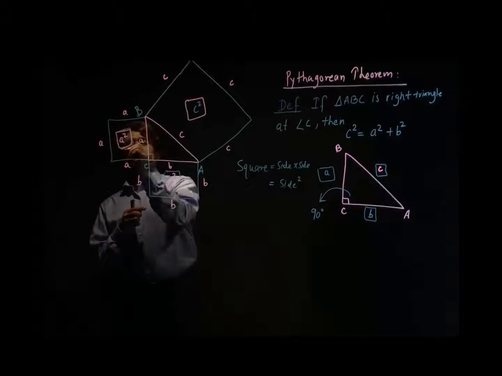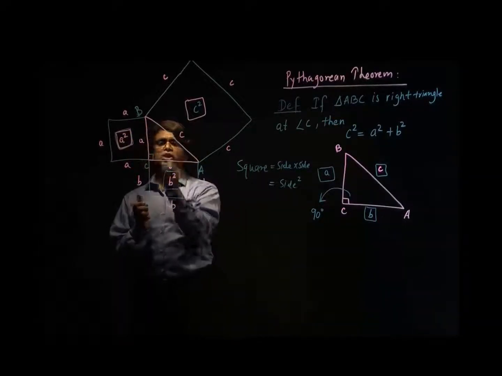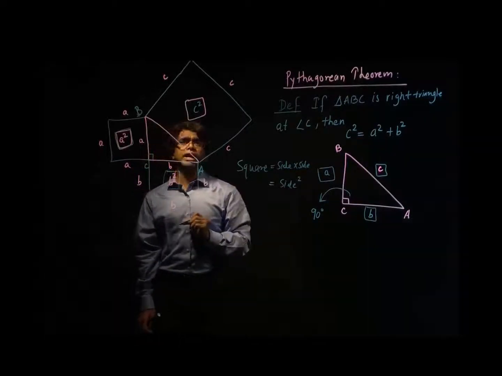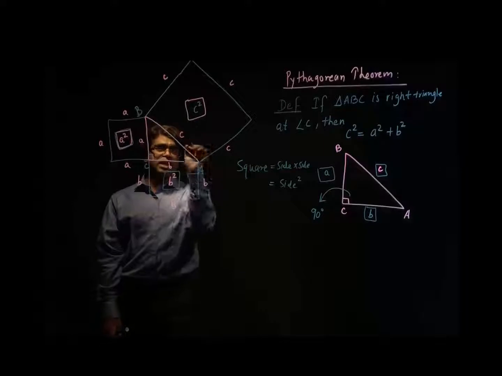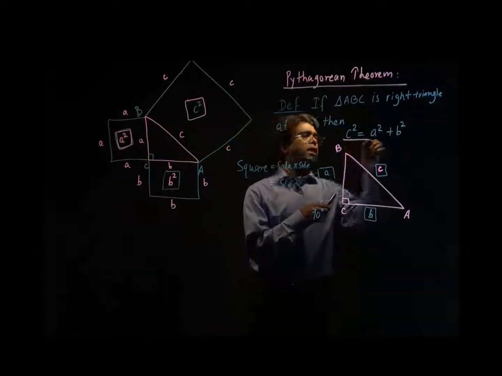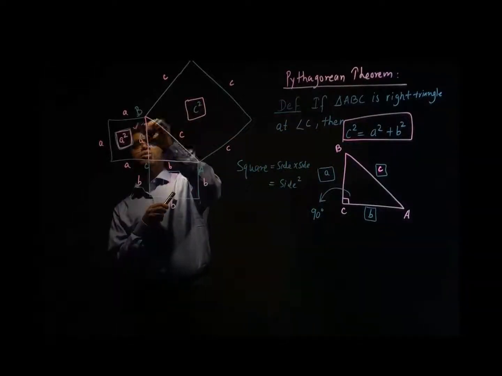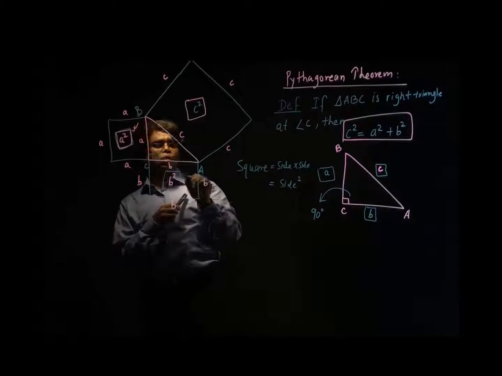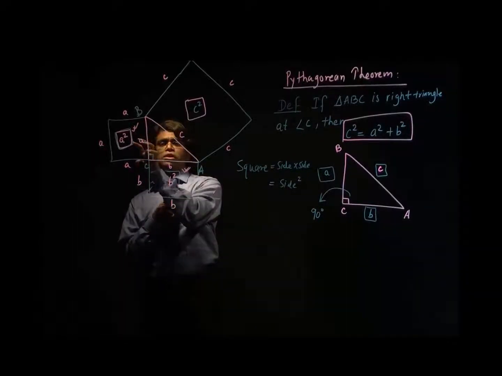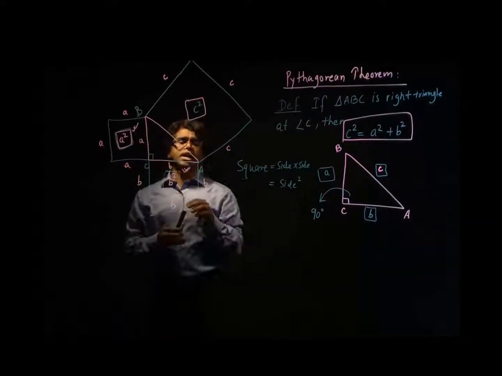What the Pythagorean theorem says is that if I add the areas of these two smaller squares, that will be equal to the area of the biggest square. So I need to add the area of this square and the area of this square, and those two should add together to give you this area.